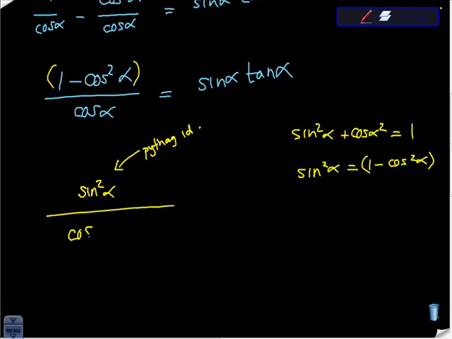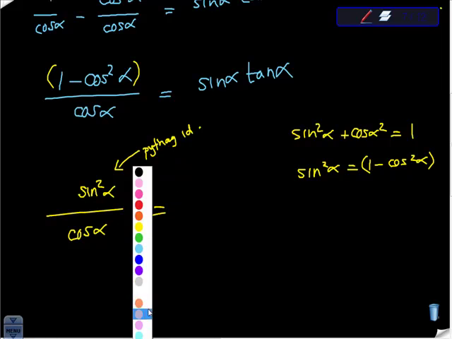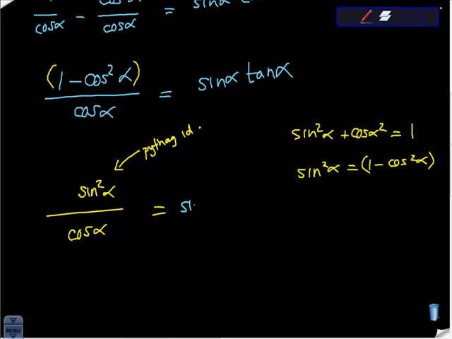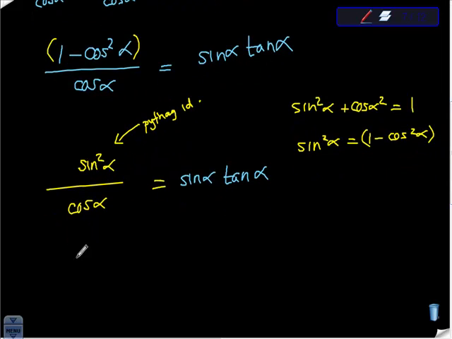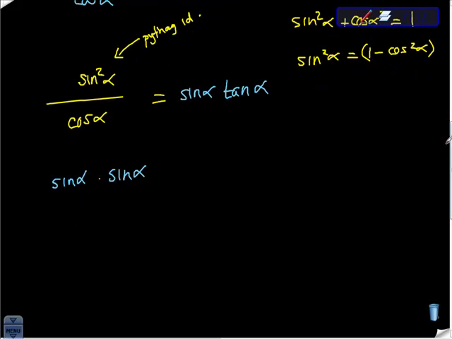So we have sine squared alpha over cosine alpha equals, same thing as before, can't touch this, sine alpha tan alpha. But check this out for a second. Remember, sine squared means sine alpha times sine alpha, doesn't it?